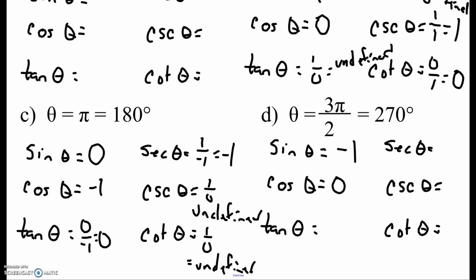Tangent and secant both have the x-coordinate in the denominator. So again, those are undefined. Cosecant, which is 1 over y, is -1. Cotangent, which is x over y, is 0.